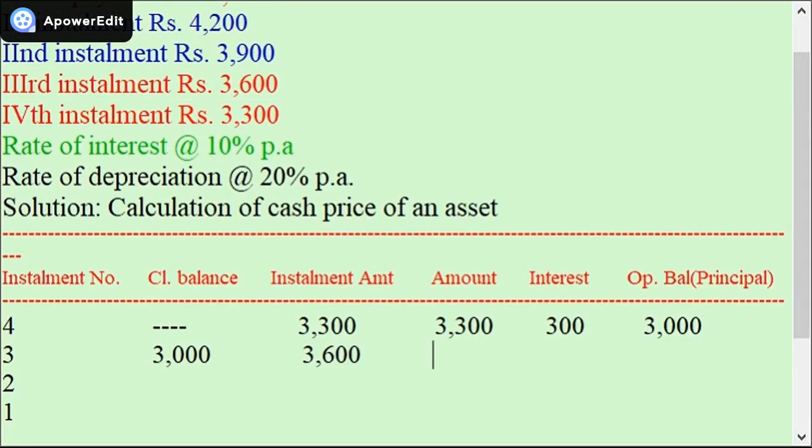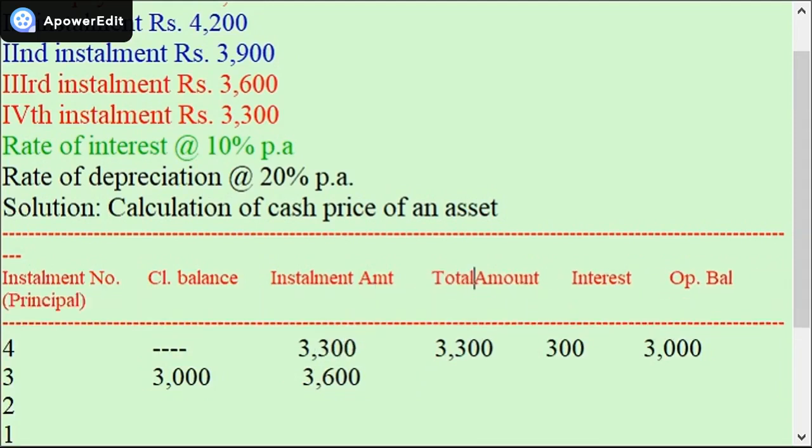So you get total amount of 6,600. In this 6,600, interest is included at the rate of 10%. So 6,600 into 10 divided by 110. That will be 600 rupees.